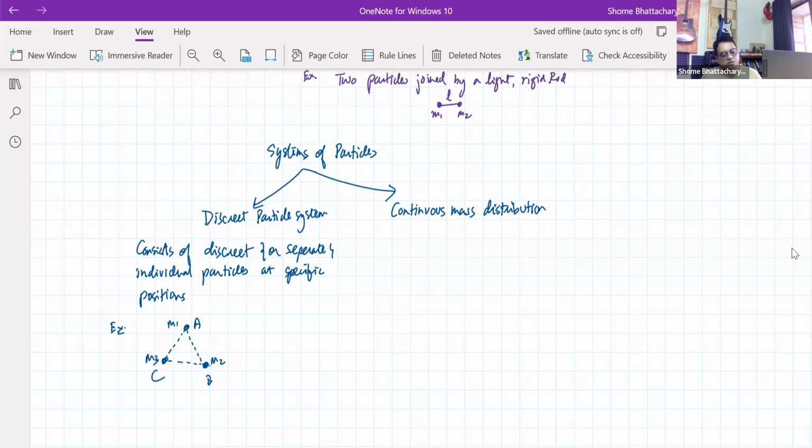So this is an example of a three particle system, which is therefore a discrete system of particles. They form a triangular shape.